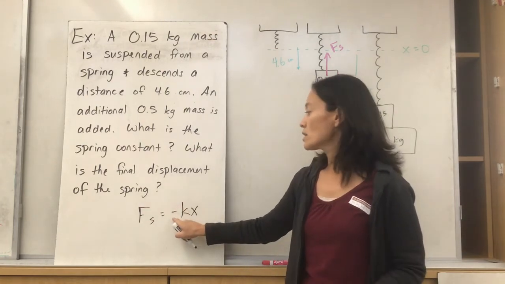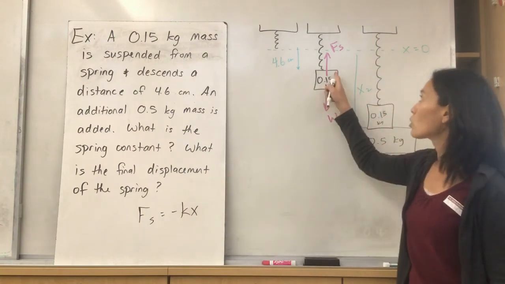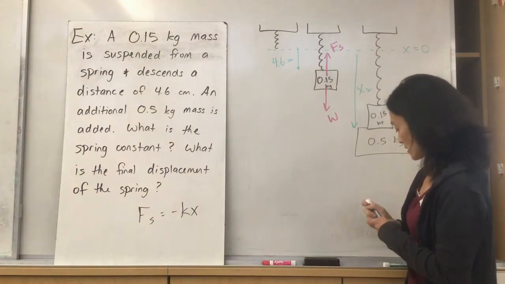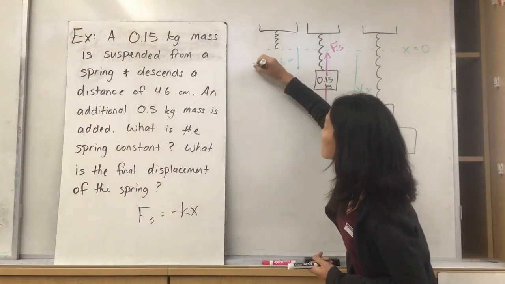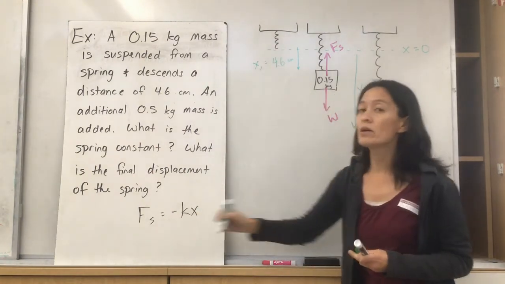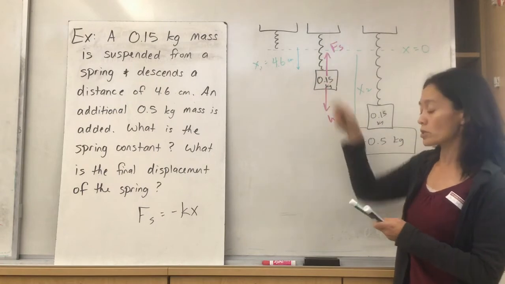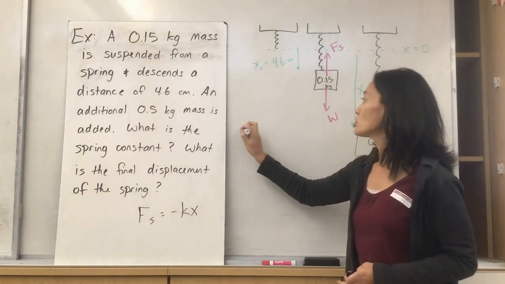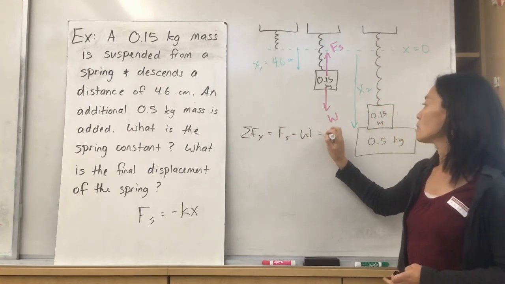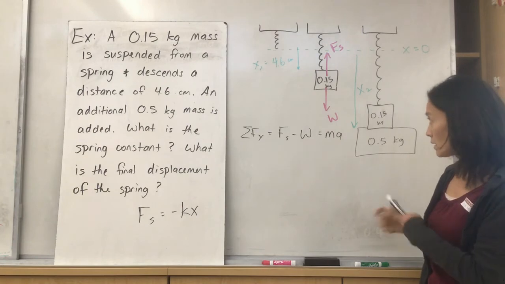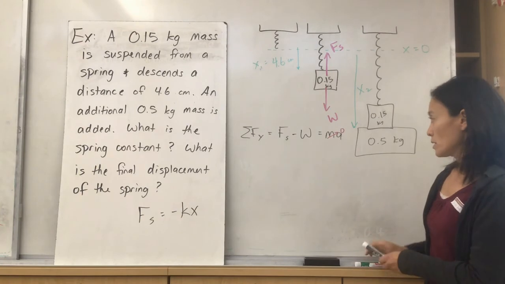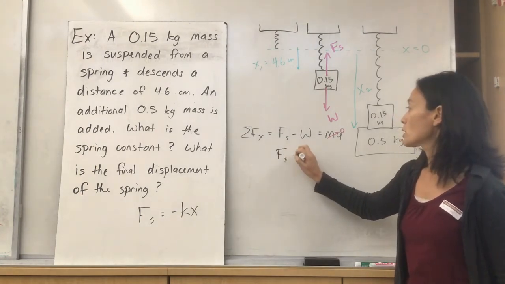Spring force is always opposite displacement. That is why the equation is negative kx. So the fact that we have drawn the spring force upwards, opposite this distance, this is my initial x value, I have taken into account that negative sign by drawing my force upwards. So when I go to do my equations and say spring force minus weight equals ma, and it is in equilibrium, this becomes 0, and so my spring force just equals my weight.